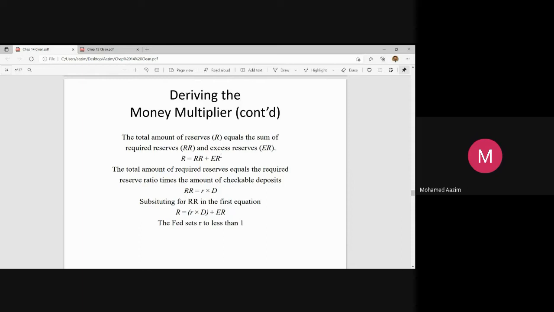Okay. So the total amount of required reserves at any given point of time equals, from your deposits, the required reserve ratio. So you wanted to find out what is your required reserves at any given point of time. You already know what the required reserve ratio is, because central banks don't change this required reserve ratio every day or every hour.